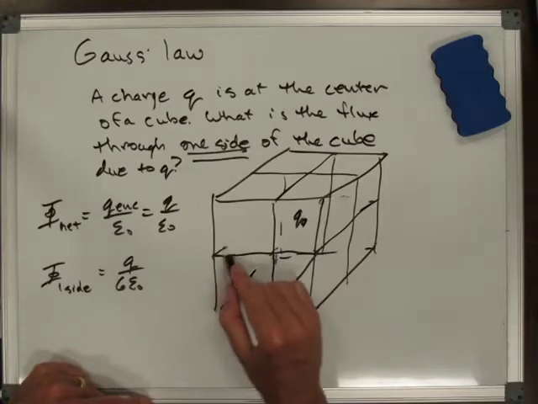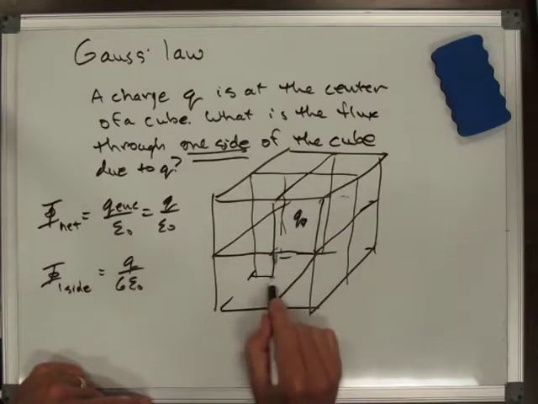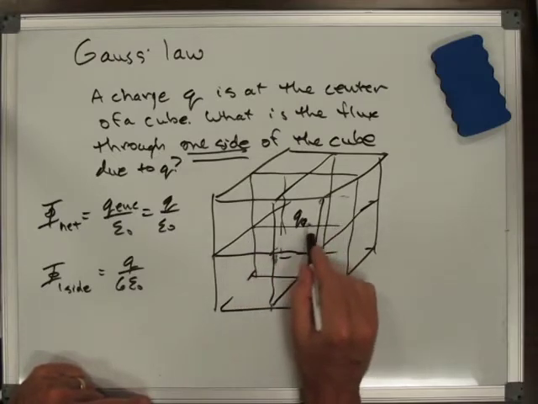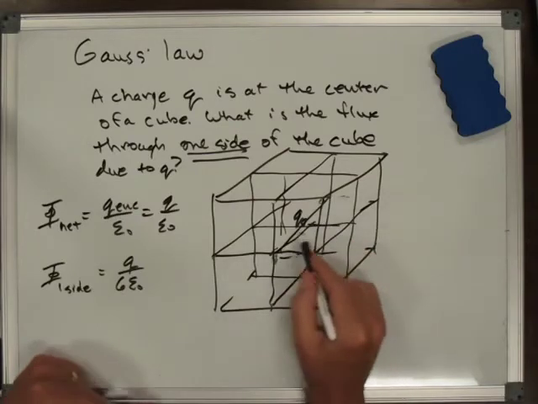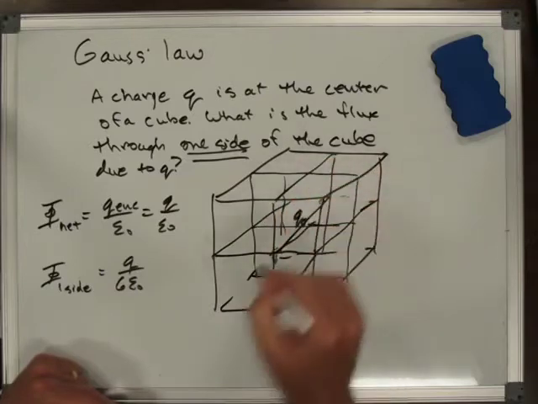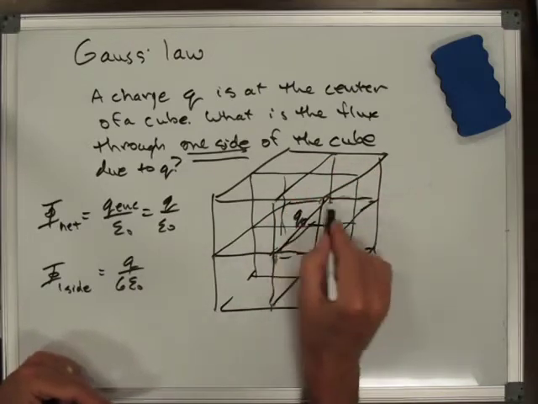How many more of these do I have to draw? There's one there, there's one there, there's one there, there's one there. Something like that. Does that get all of them? I think I don't have that one. And I don't have that one there. And now there's 1, 2, 3, 4, and then in the back 5, 6, 7, 8 boxes. Right, I think that one has to go across there somehow.